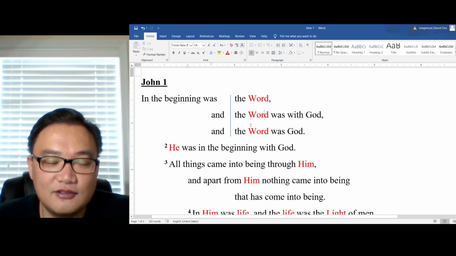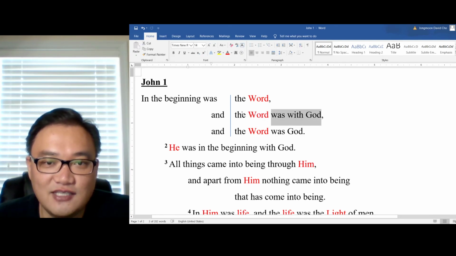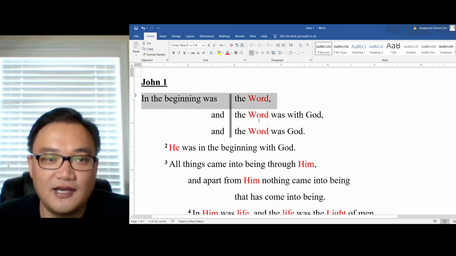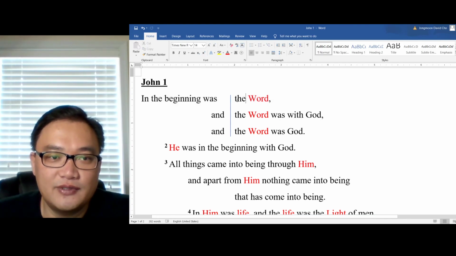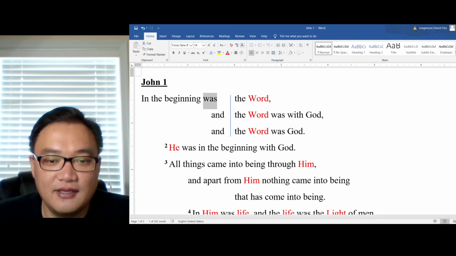You look at the other two lines here, and the Word was with God. The Word was with God. Just like that, that's a full sentence. This first line has just been kind of flipped around. So we would say the Word is the main noun, and was would be the main verb.